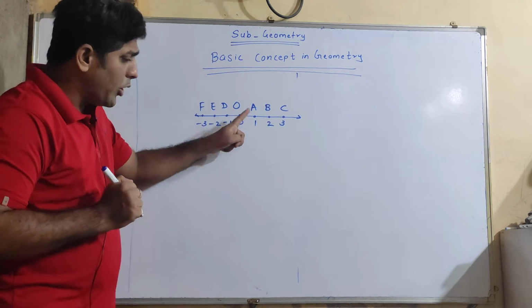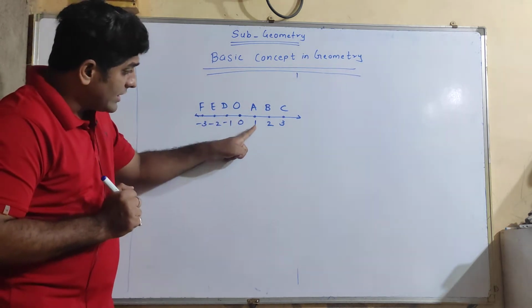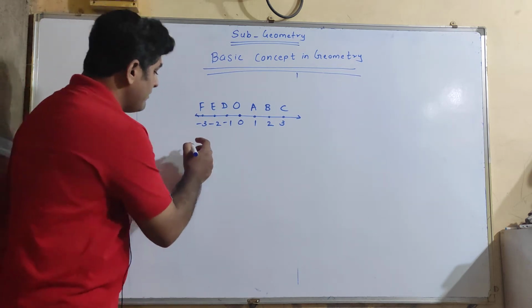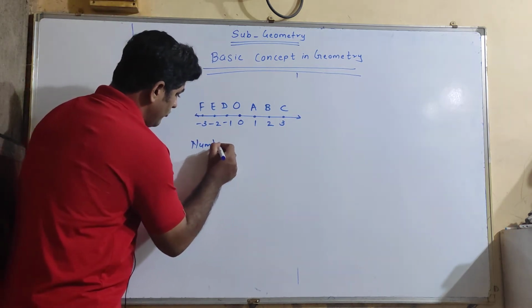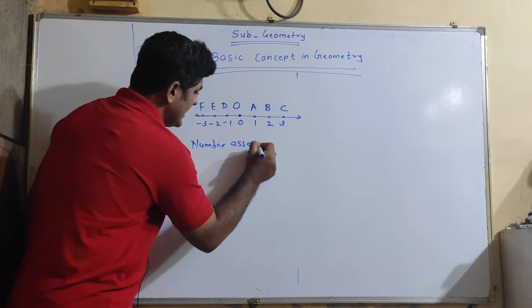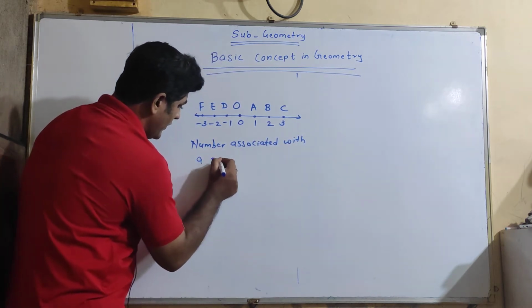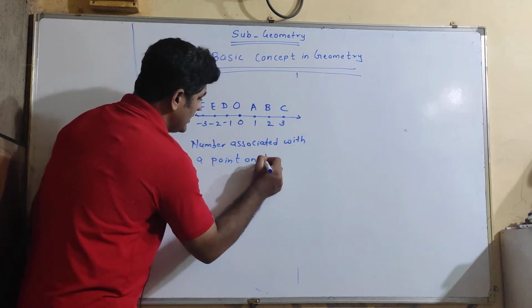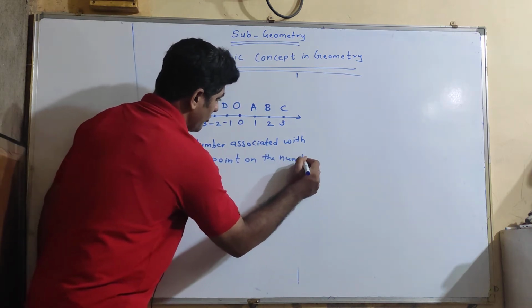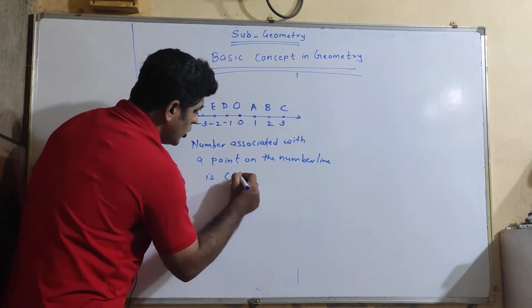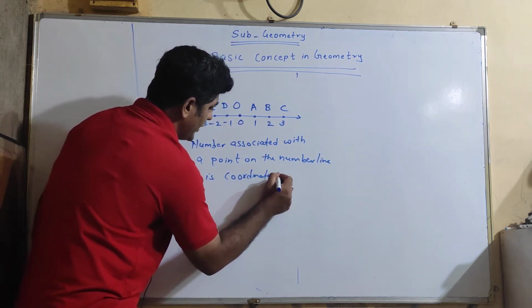Every point on the number line corresponds to a number. Is it clear? So remember students, the number which is associated with a point on the number line is called the coordinate of that point.